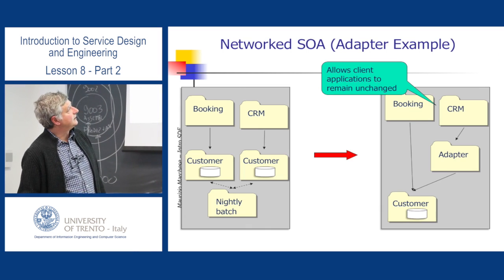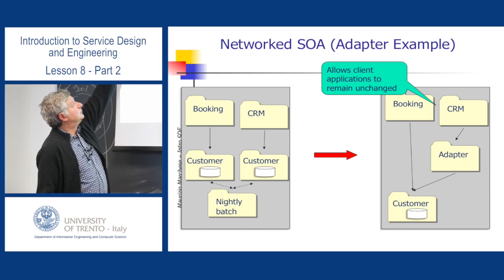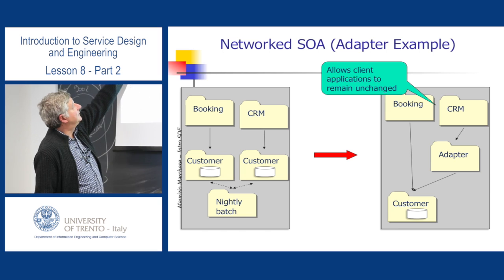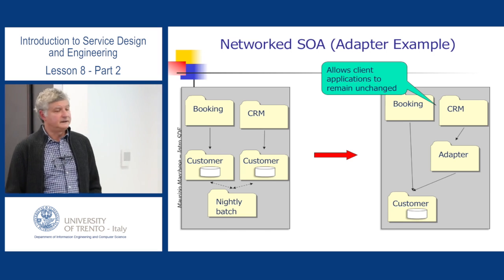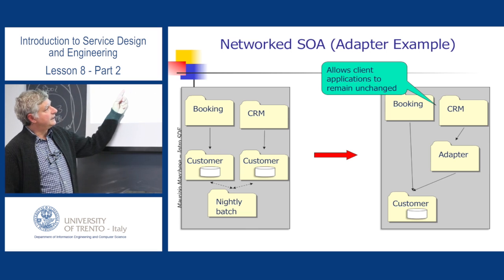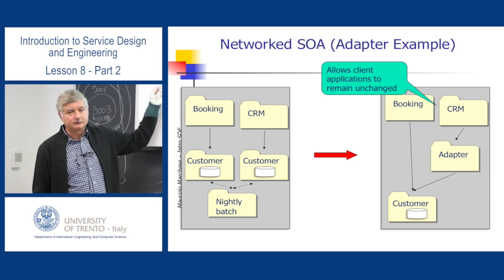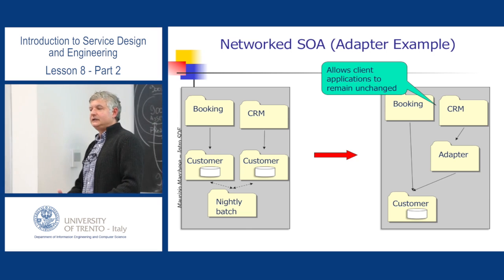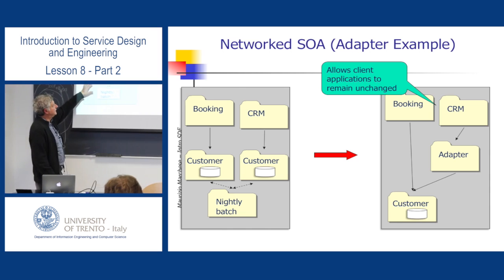enterprise application integration. Another example using the adapter pattern is that the two applications, the booking and the CRM, which are at the top level, are working on individual and different implementations of the database. The old way of integrating them was, for instance, nightly batches in which you run the batches and you align the two databases, which are different databases on the same entity.